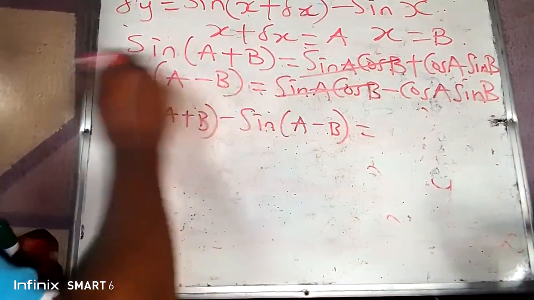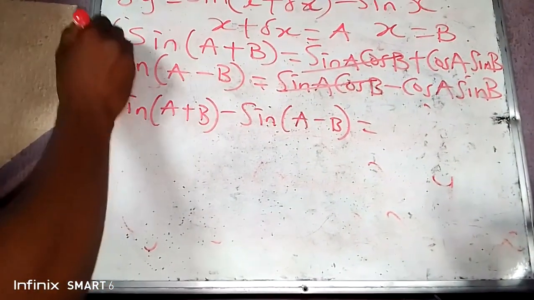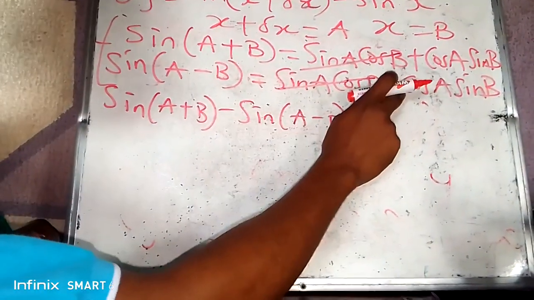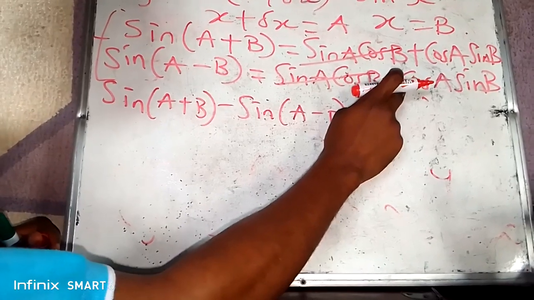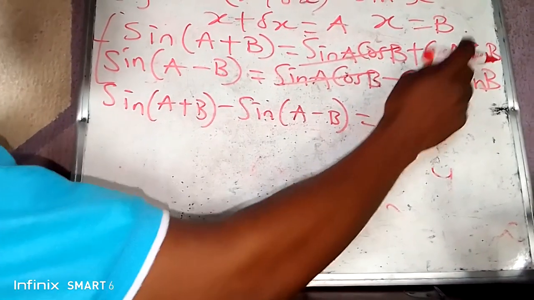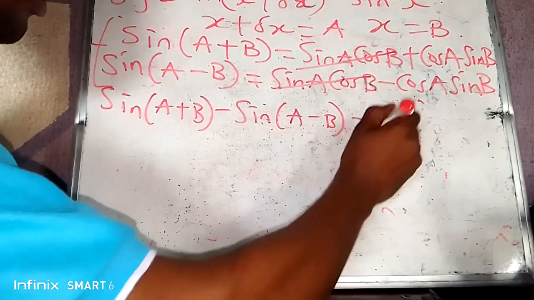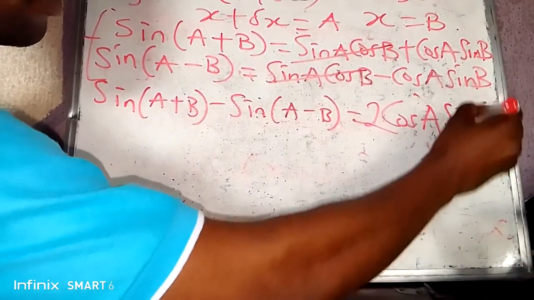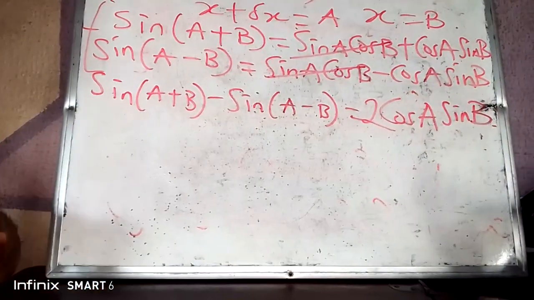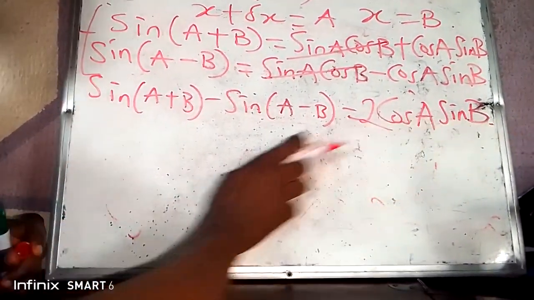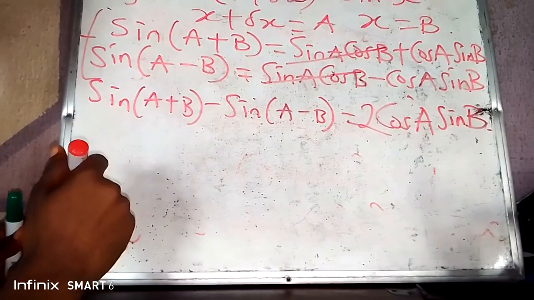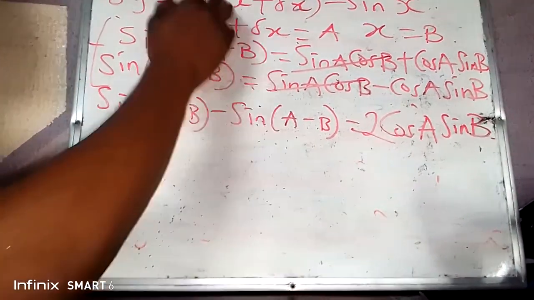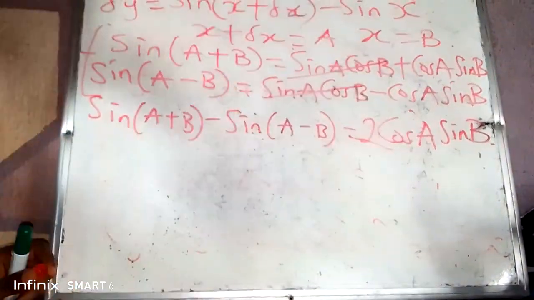But as you know, minus times minus will be plus. If minus times minus is plus, that means our answer will be 2 cos a sin b. Our answer is going to give us 2 cos a sin b when I subtract.